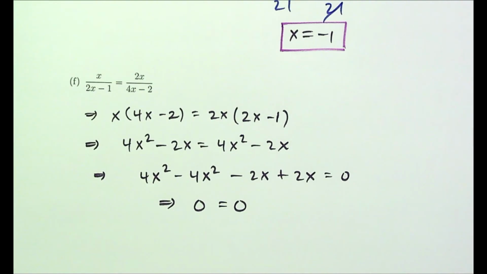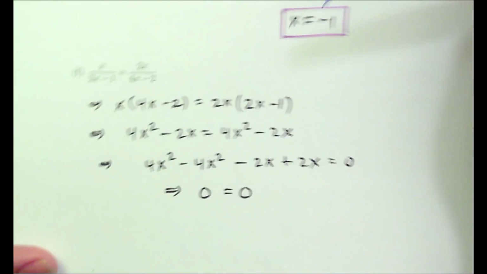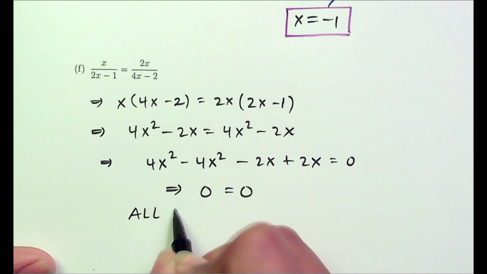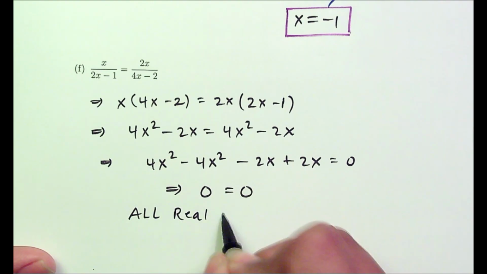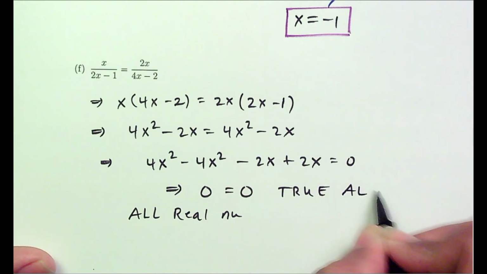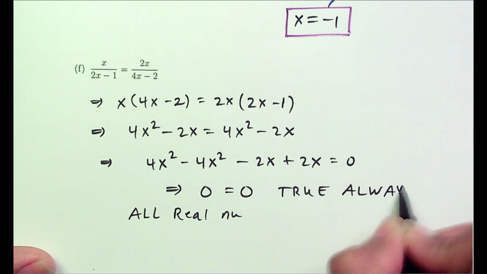When you get 0 equals 0, that means that basically all numbers work, all of them, with the exception, of course, of the ones that make the bottoms 0. So that means all real numbers, because this is always true. 0 equals 0 is true always.